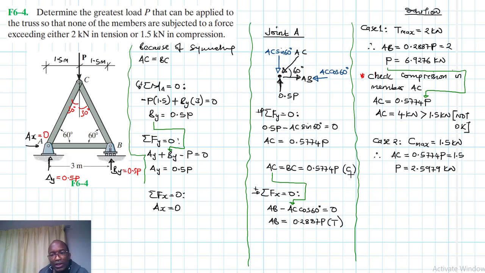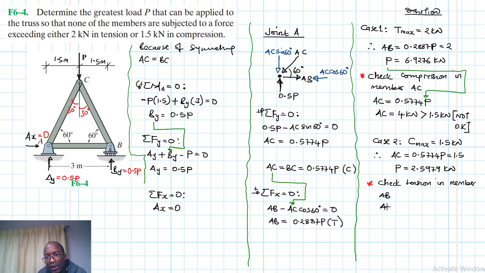We need to check the tension in the other member, because those conditions have to be met. So check tension in member AB.